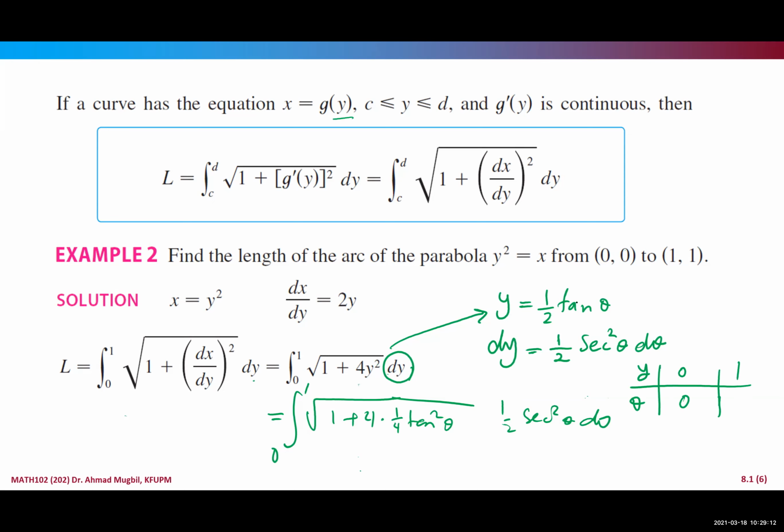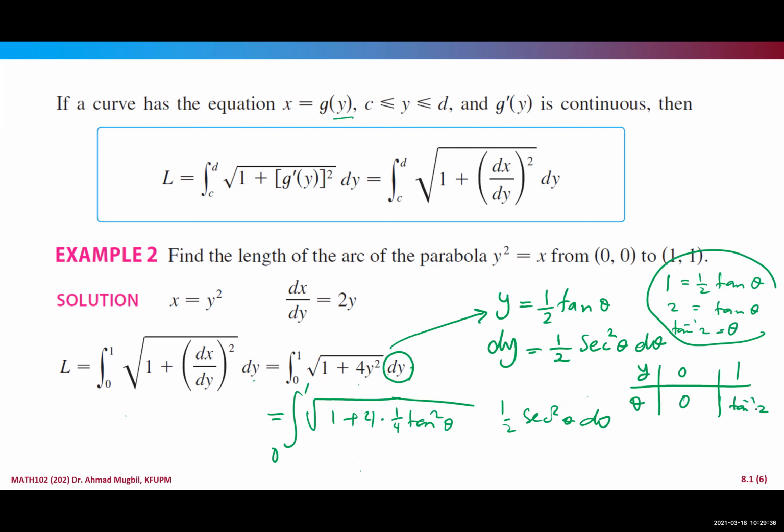If y is 0, tan theta equals 0, then theta is 0. You are right. Now if y is 1, tan theta will be 2. Be careful. So theta will be the tan inverse of 2. So this is tan inverse of 2.